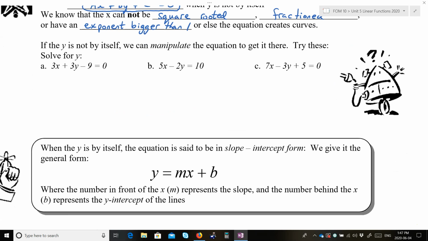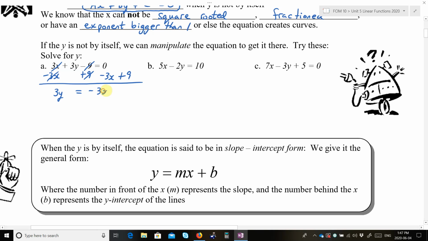Notice that none of these are y equals mx plus b, so you just have to get y by itself. Since this is a positive 3x, you subtract 3x from both sides. And since this is a minus 9, you add 9 to both sides. 3x minus 3x cancels, we're left with positive 3y. Negative 9 plus 9 cancels to 0.